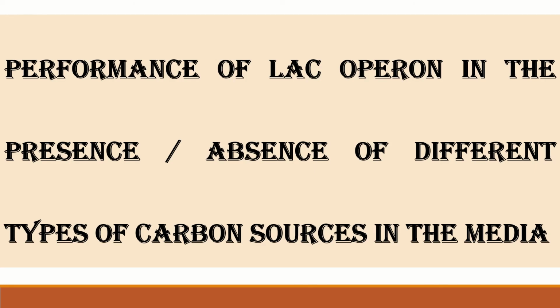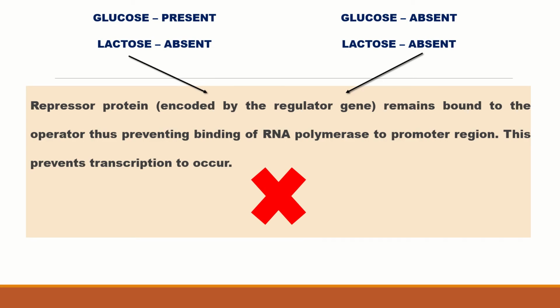Now we will talk about the performance of Lac Operon in the presence or absence of different types of carbon sources in the media. The first case is talking about glucose and lactose, their presence and absence respectively.